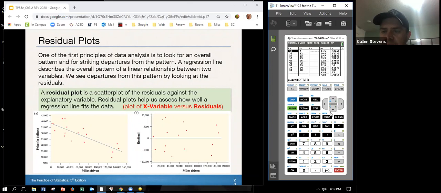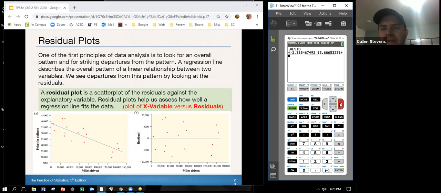I can go here and I can see that residual list. Now I can, if I want to, just go to second list residuals and see that kind of listed out. These are all my residuals, and that's kind of hard to read them, right? Those are all the residuals.